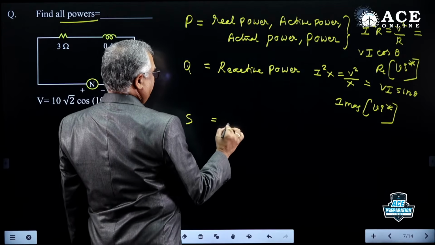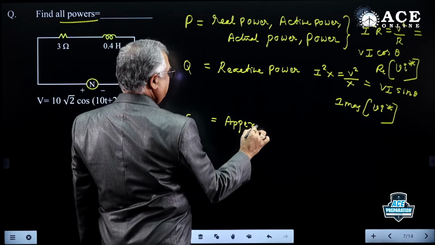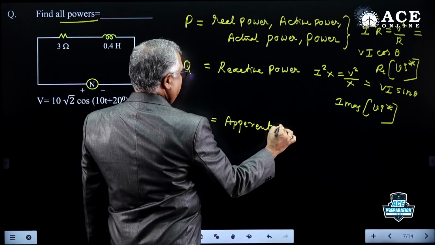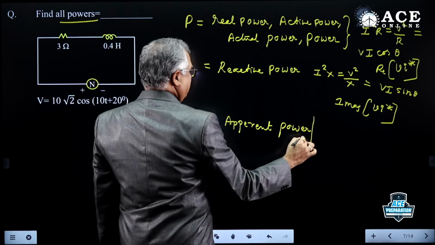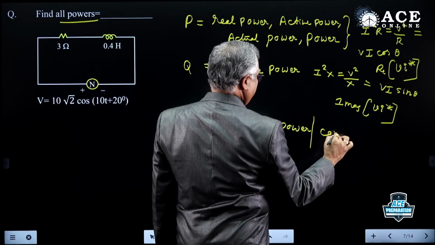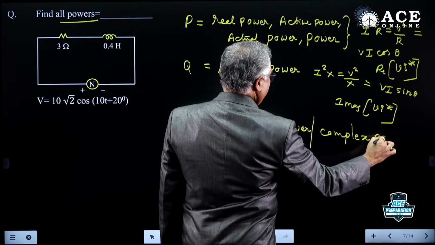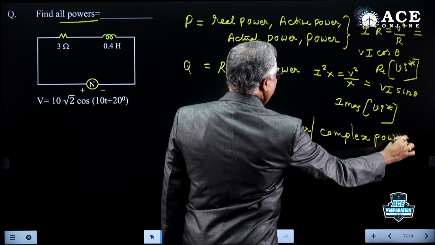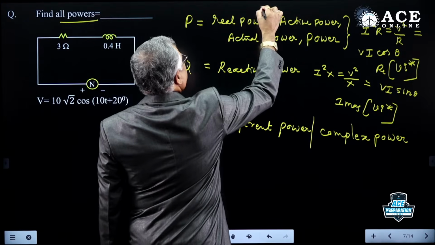This is apparent power or complex power. Apparent power, complex power. P is also called true power.